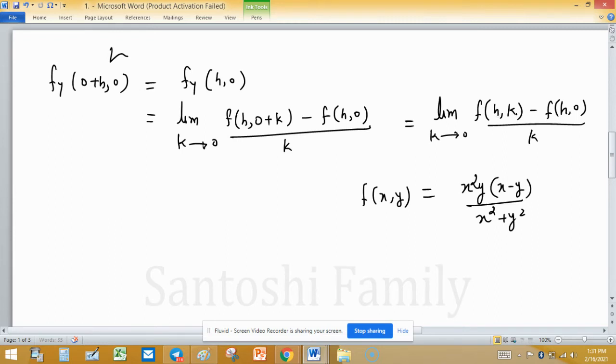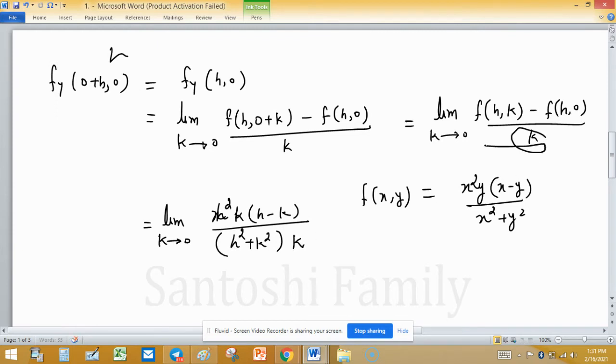So f(h, k) will be this one. So limit k tends to 0 of h squared k (h minus k) divided by (h squared plus k squared), and this is divided by k.